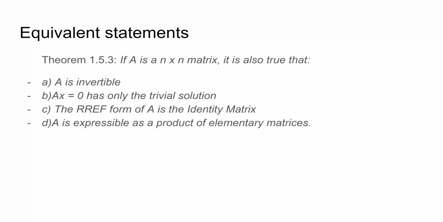You can get it all the way down to ones along the diagonal. So that also means that A is expressible as a product of elementary matrices, because in order to get it into RREF form, we have to use row operations. And what I just said in the previous slide is that row operations are equivalent to multiplying by elementary matrices.